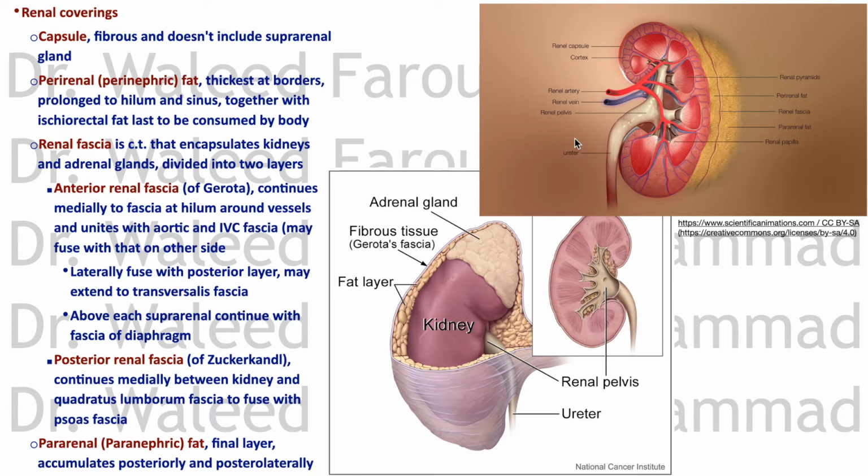The paranephric fat will be consumed and the kidney will be tilted downwards a little bit, and this is dangerous, of course, because it will make a kink in the ureter, and this will obstruct the urine outflow from the renal pelvis. This will produce back pressure on the renal pelvis, a condition called hydronephrosis.